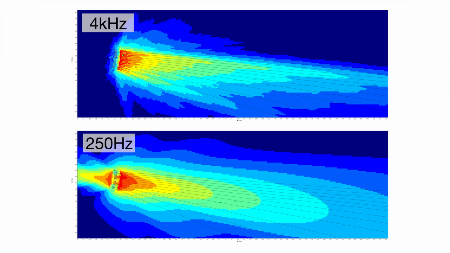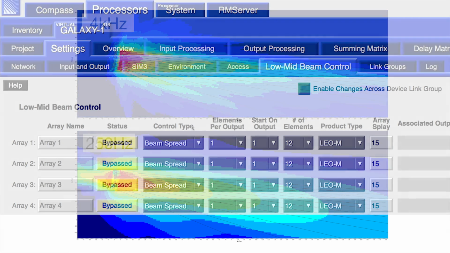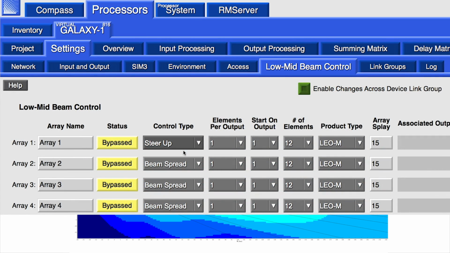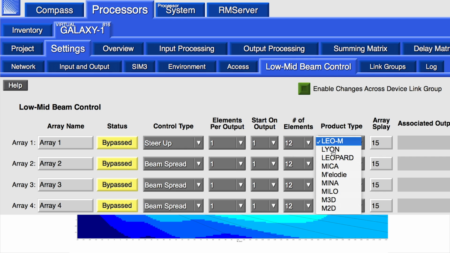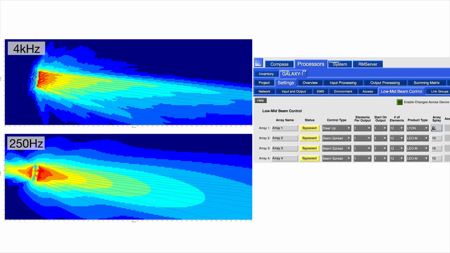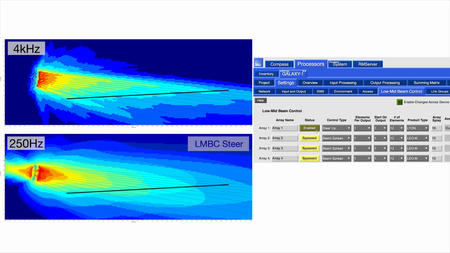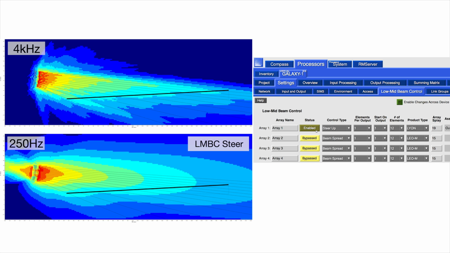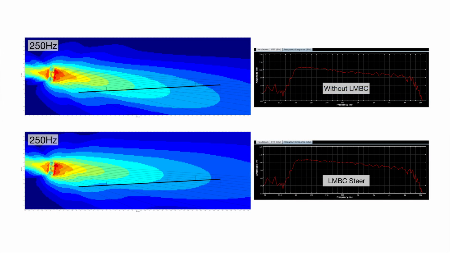For system designs with a mismatch between high-frequency and low-frequency coverage, using low-mid beam control to phase steer the low-mid coverage of an array to more closely match that of the high-frequency coverage is easily done. The result is a system that provides more uniform spectral coverage over the audience area.